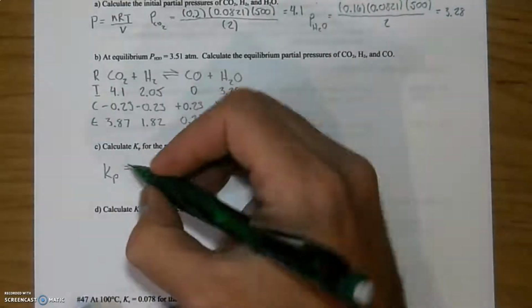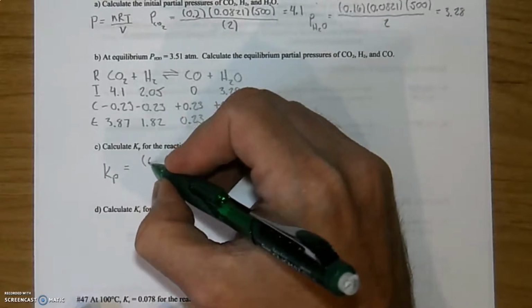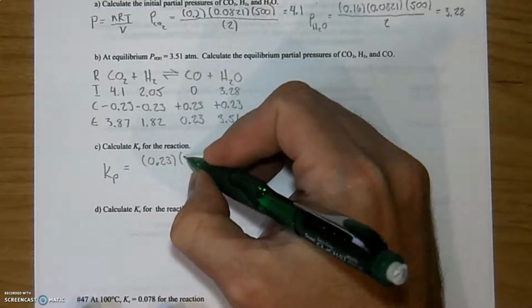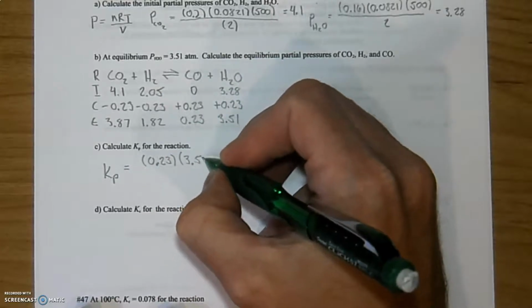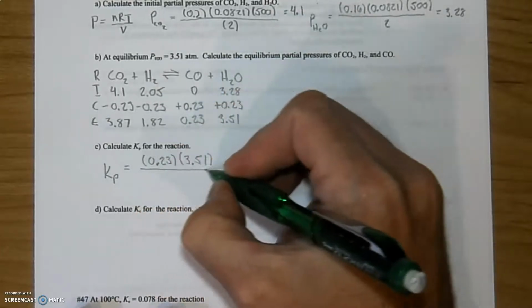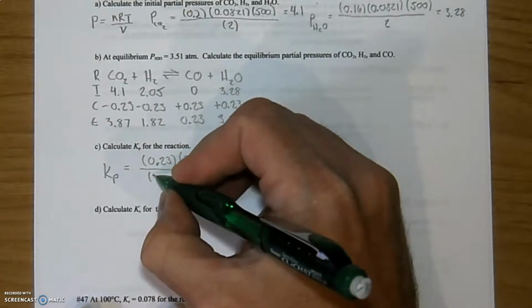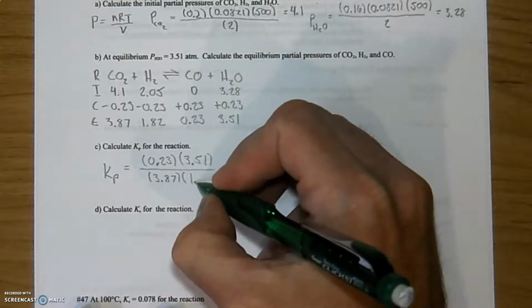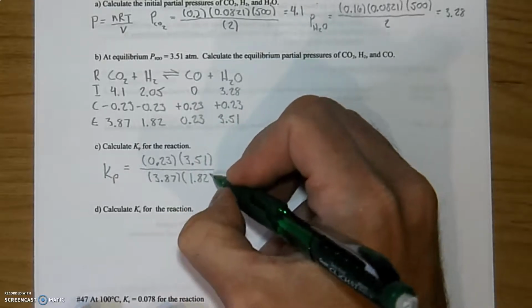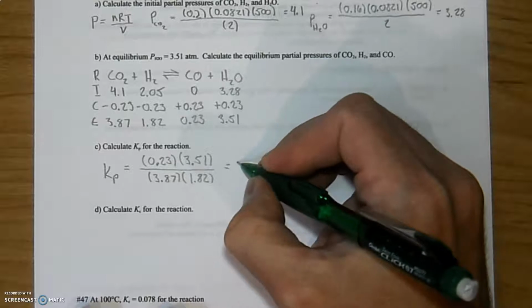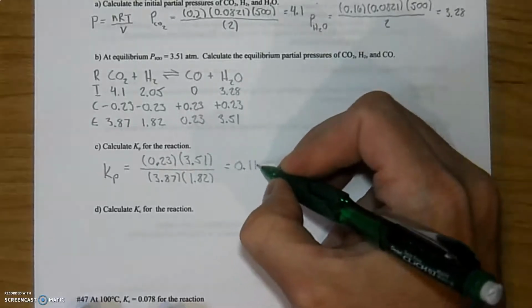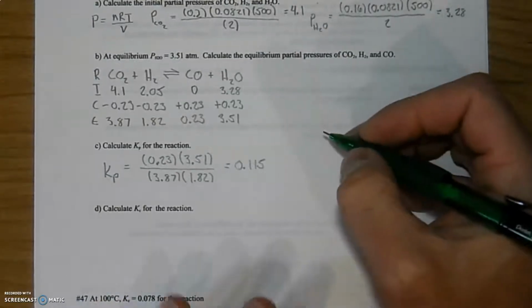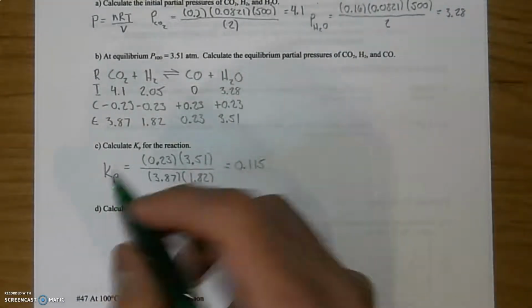I am going to plug those into an equilibrium expression, and then just do the math. It ends up equaling 0.115, which is the answer, again, Kp.